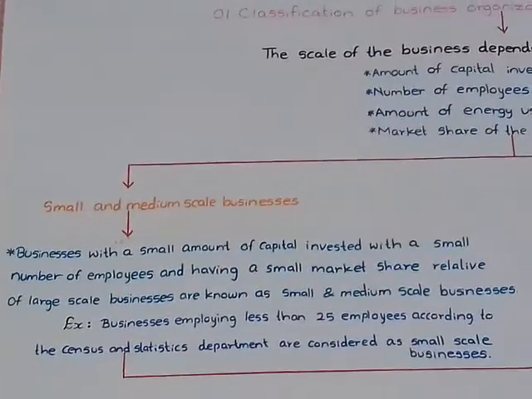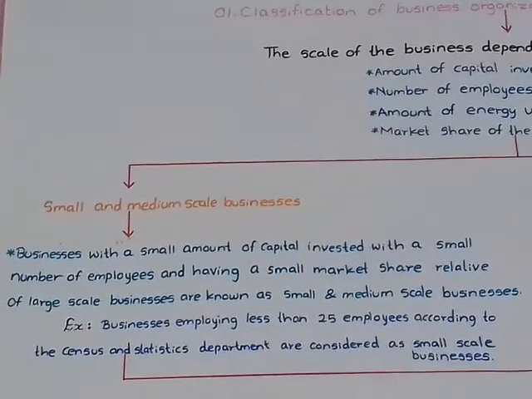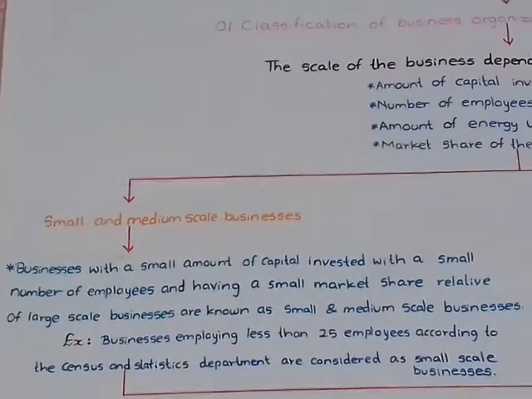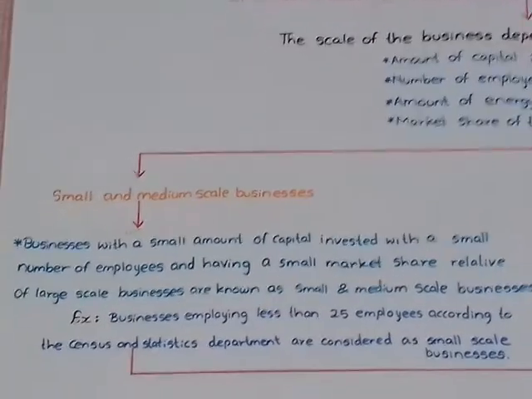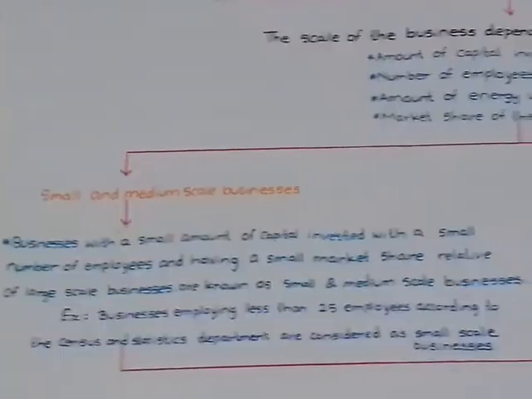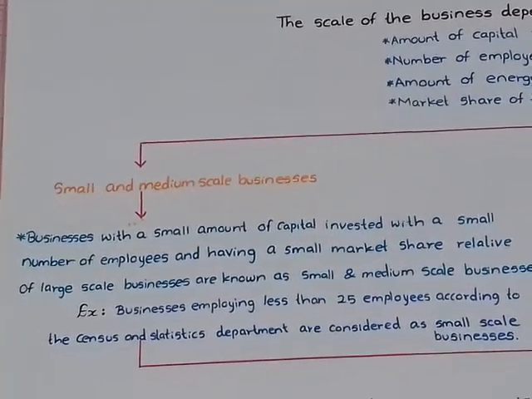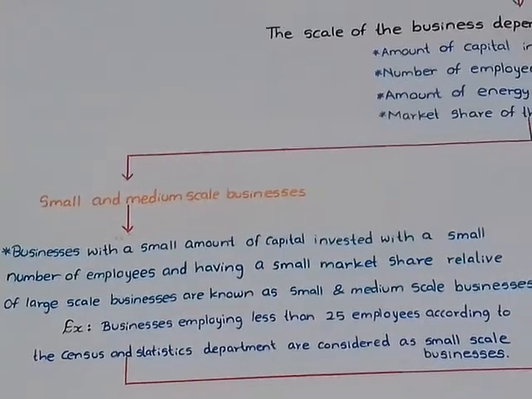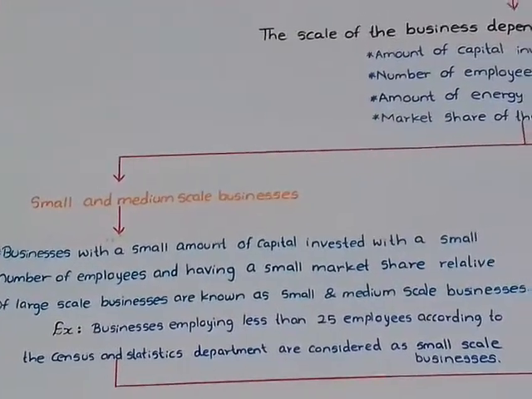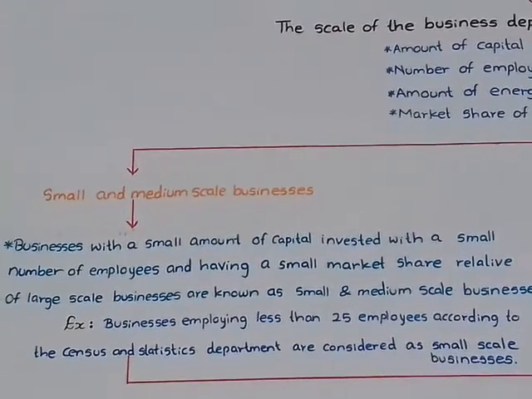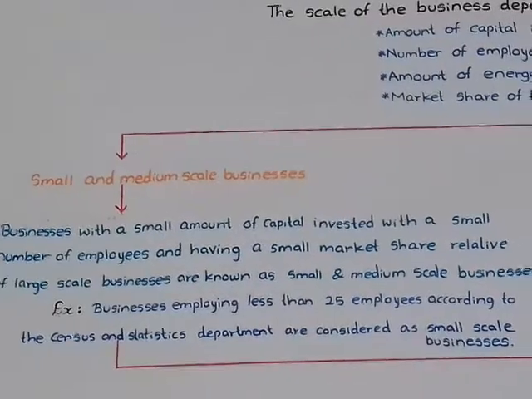What does that mean? If the business has only a small amount of capital, I don't need to describe capital to you because you are very familiar with that word from our previous lessons. So there is a small amount of capital, a small number of employees and a small market share. And there is another point.